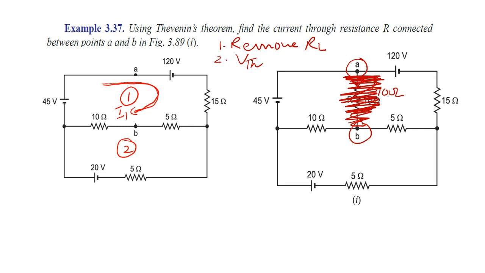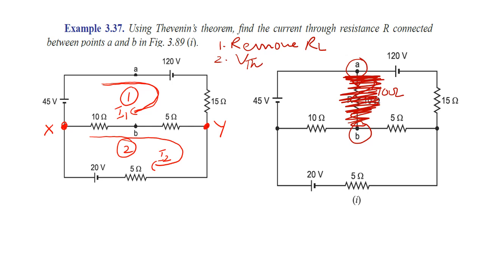Now in loop number 2 the direction of the current is like this, and say this is I2.